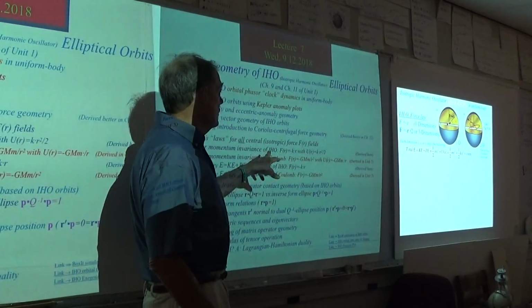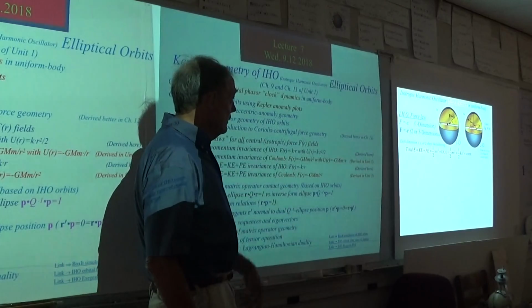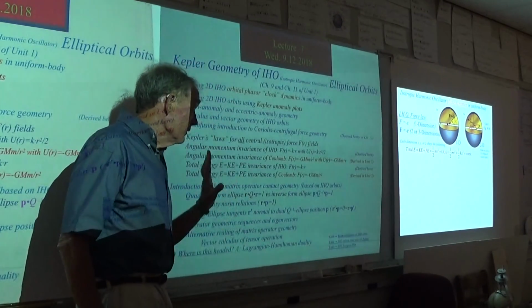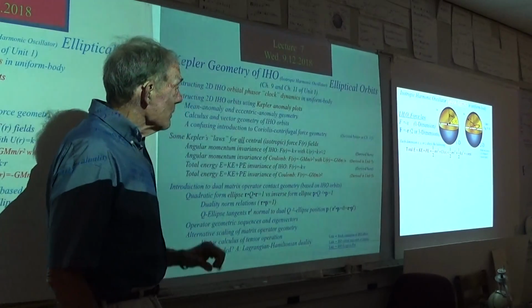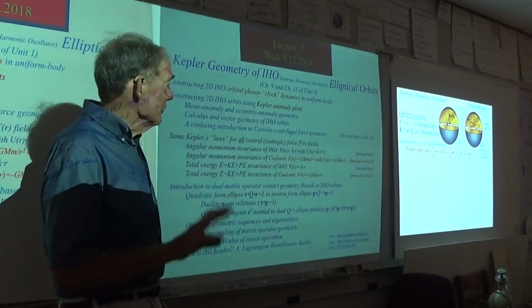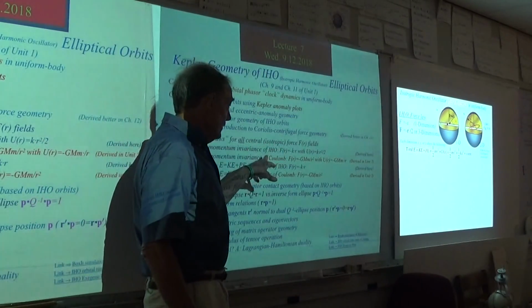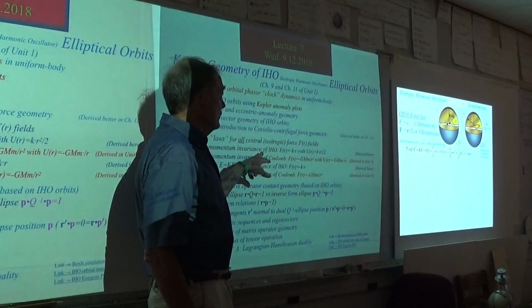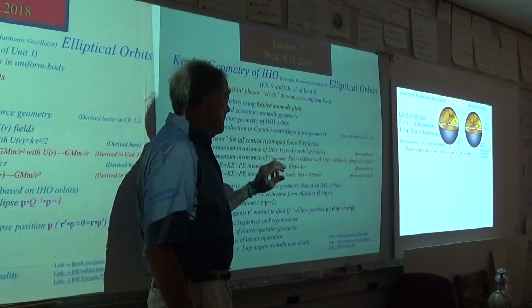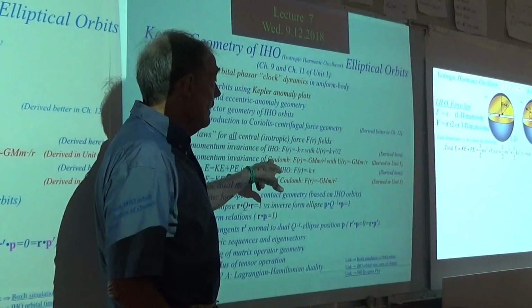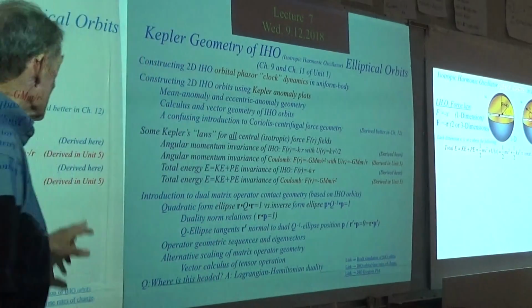But for this review section, I want to do the most elementary derivations of various things that happen to those orbits, and point out some interesting size as well. But while we get the geometry of the solutions to this one, and as it says, they're derived in Unit 5.